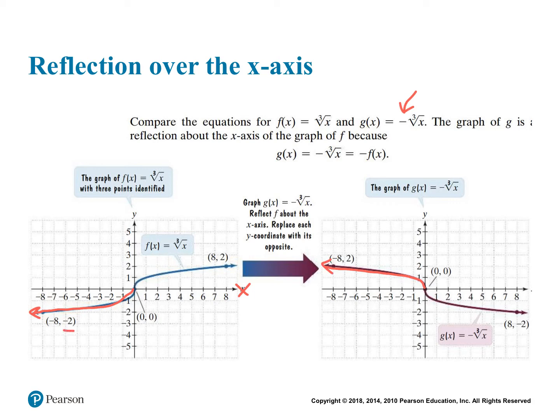So you notice the y-coordinate became its opposite. And if I look at the other half of the graph, and if I flip that over the x-axis, it ends up being upside down over here. So it's a little easier if you go in pieces on this one, and you notice the 2 here became a -2 when we flipped it over.